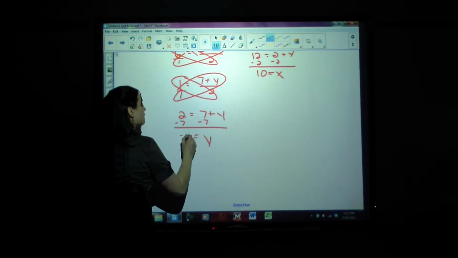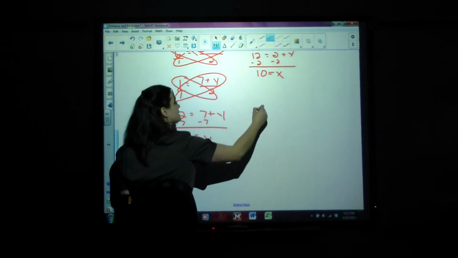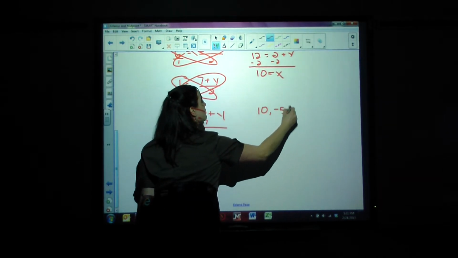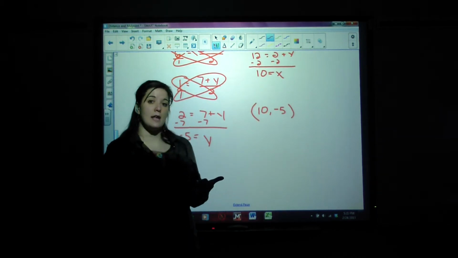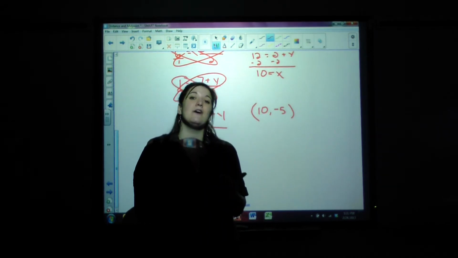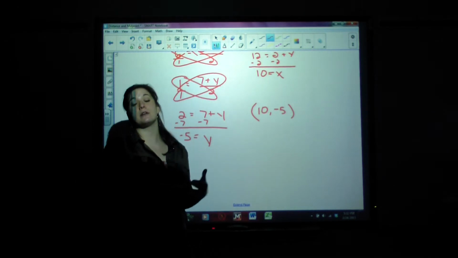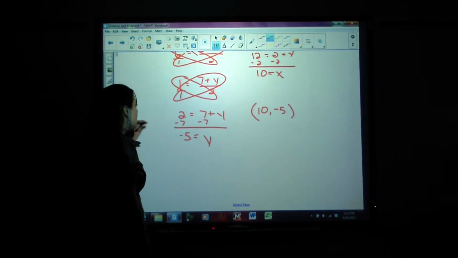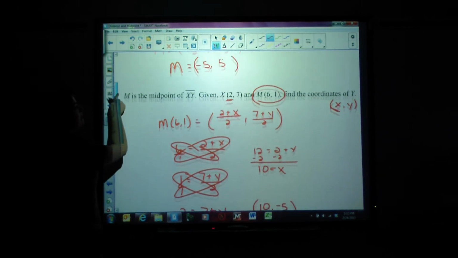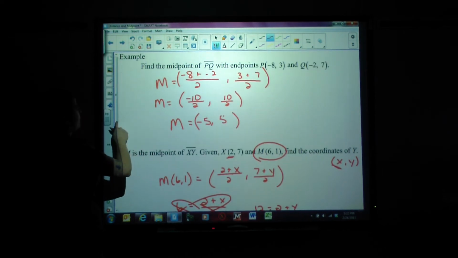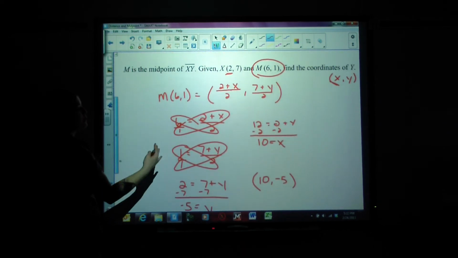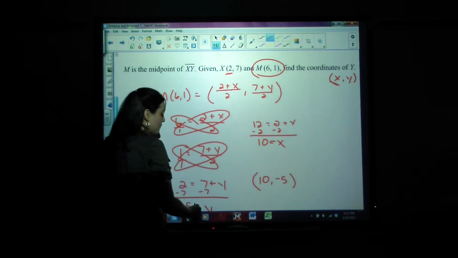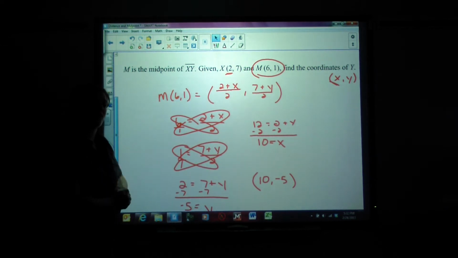Y is at negative 5. That means the other endpoint is at 10, negative 5. And because they gave us one endpoint and a midpoint, we were able to use that midpoint formula to solve a different type of question. So we can actually find the midpoint, which is pretty straightforward, or we can find another endpoint when given the midpoint. So that's midpoint formula.